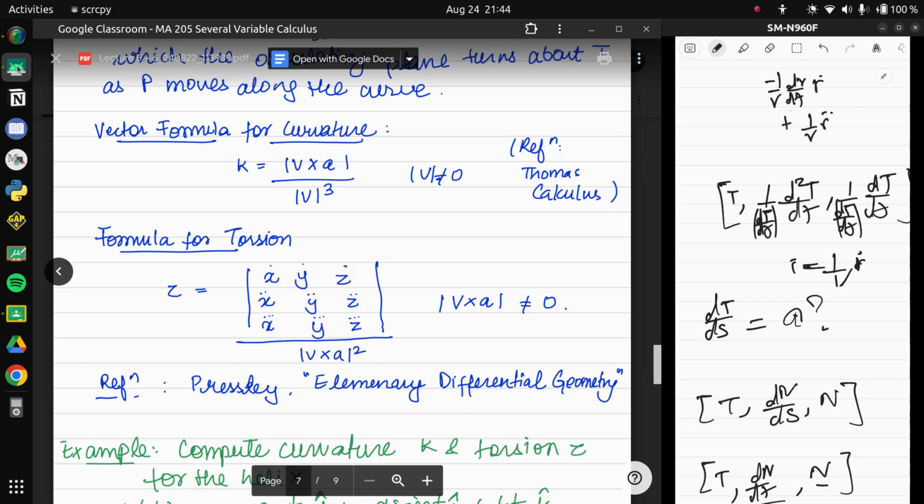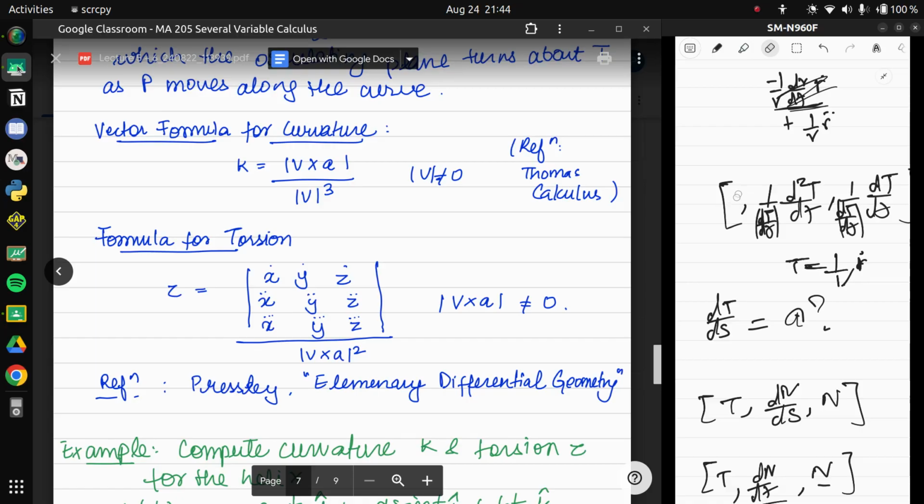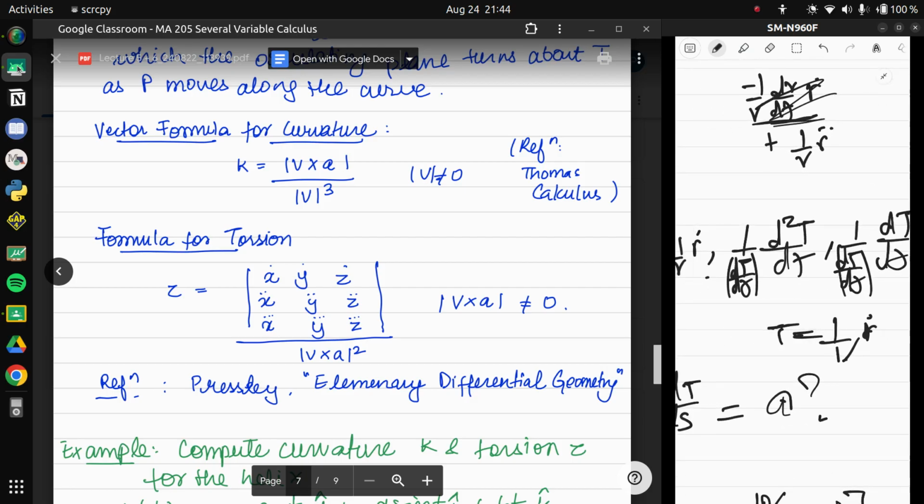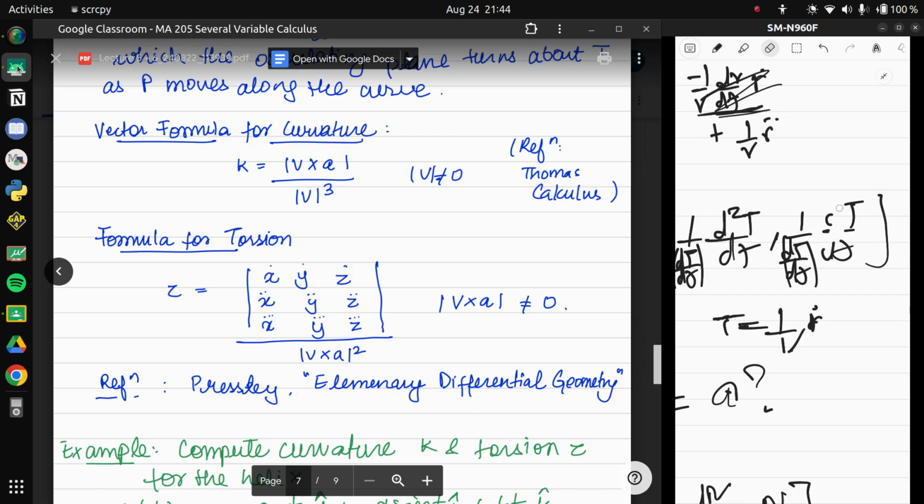Now notice that this stuff is collinear with this capital D in the first place, so we won't actually take that. Right, so you can rewrite this whole thing as 1 upon v r dot, plus 1 by v r double dot.